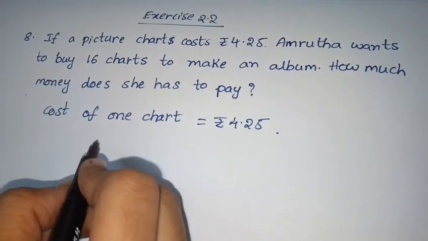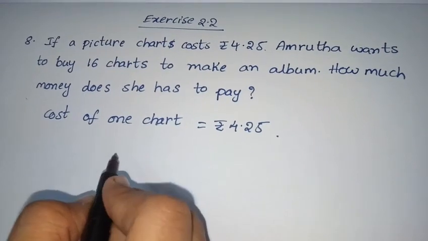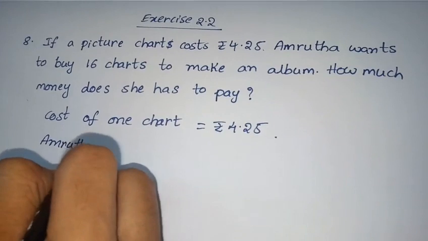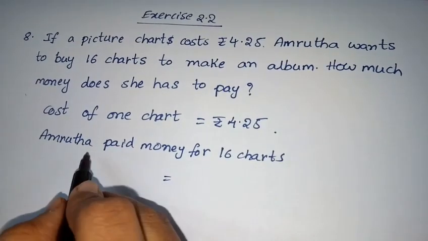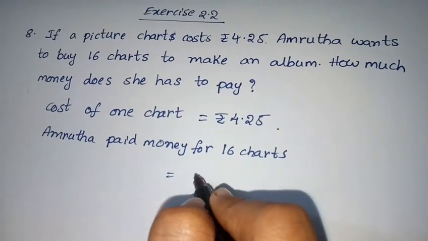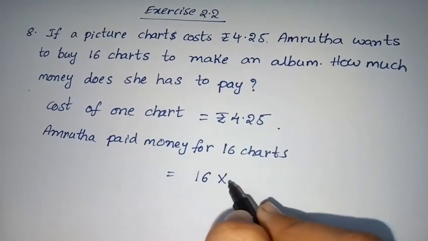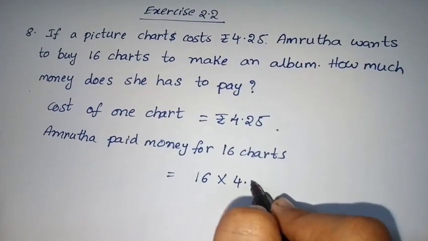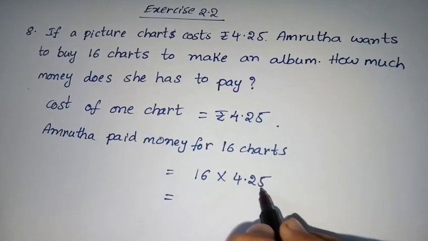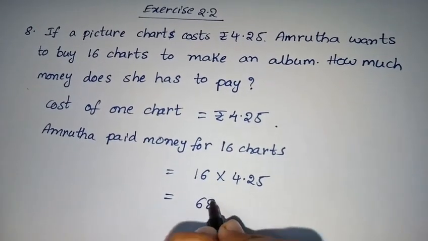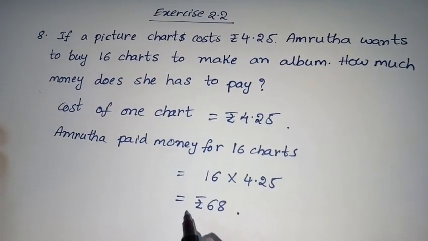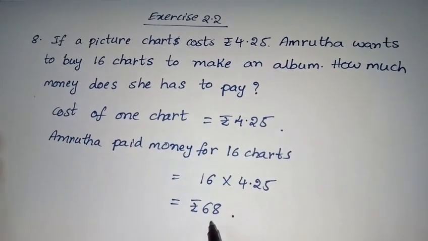They are asking how much money Amruta paid for 16 charts, that is 16 into each one chart 4.25. Multiply 16 into 4.25, you will get 68 rupees. So finally Amruta paid for 16 charts 68 rupees only.